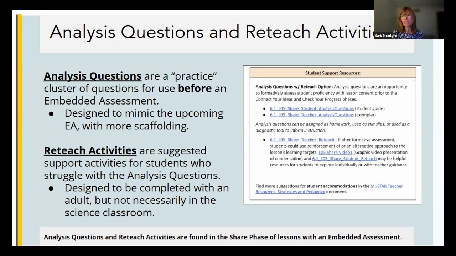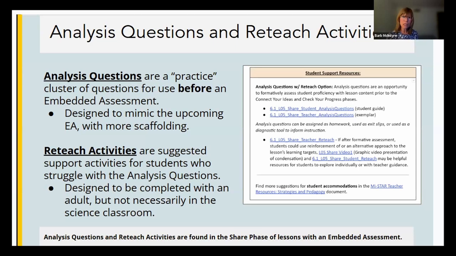So if we think that students are going to struggle with variables in an embedded assessment, we might give a reteach activity that focuses just on variables, or we might give a reteach activity that focuses just on the SEP or the DCI, and sometimes we give more than one. They're designed to be completed with an adult, but not necessarily in the classroom. So maybe they could be used in a different way.